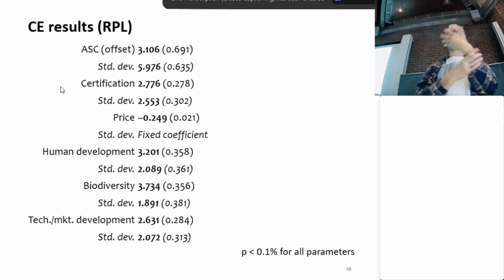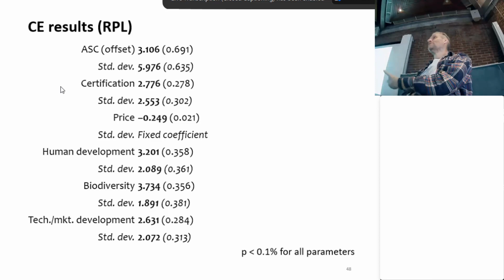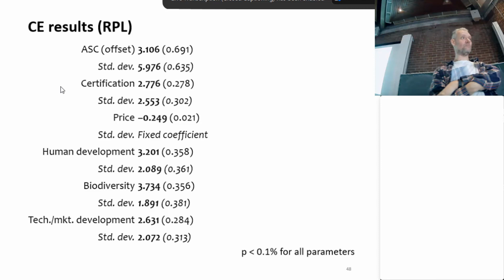So some 5% of the people were prepared to pay 3.1 plus 2 times 6, were willing to pay £15. 5% of the people were prepared to pay more than £15 for this, right? That is what the second number means.